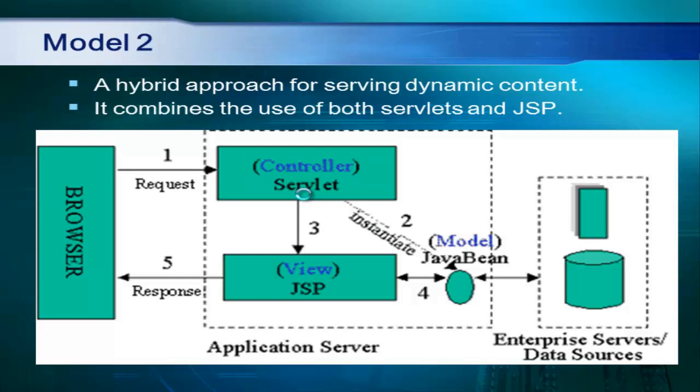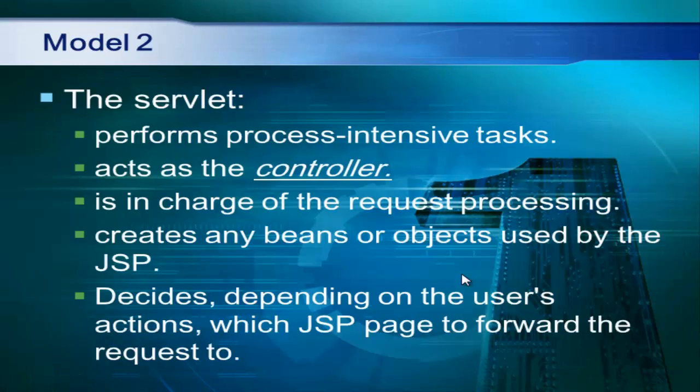Here the controller is taken care of by a separate unit altogether, and that's a servlet. The view is taken care of by the JSP, whereas the business logic or the model is the EJB. What is shown here is a Java bean, an ordinary Java bean. It could also be an EJB. Now, what is the advantage?